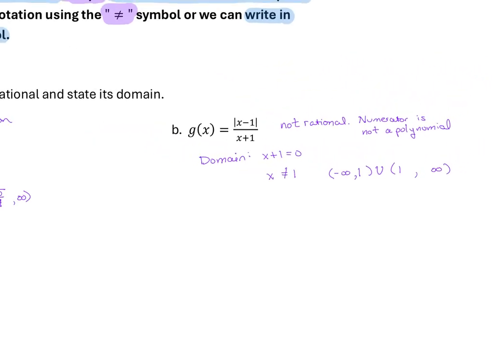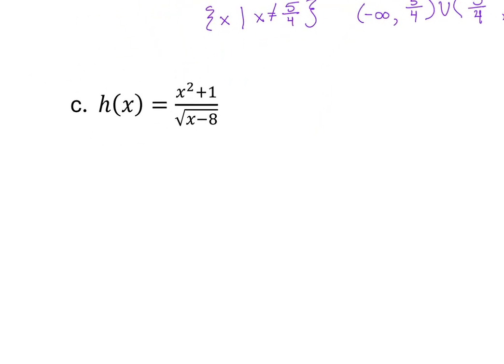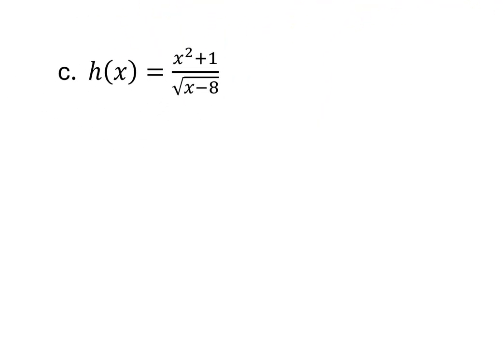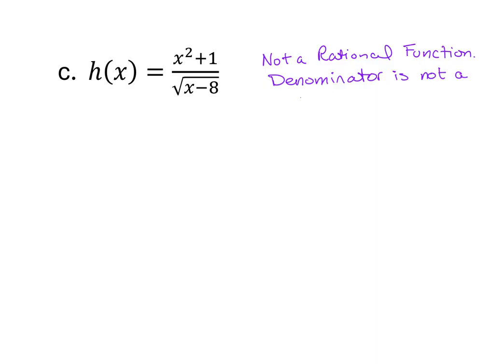All right, the last thing, let's look at one more. Let's come down to C. C is also not a rational function. This one is not a rational function because the denominator is not a polynomial.